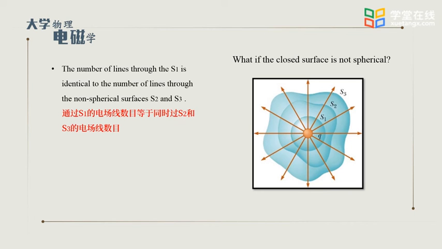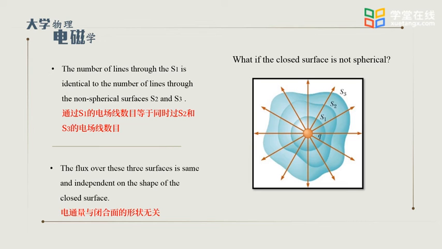From this figure, we can see that the number of lines through S1 is identical to the number of lines through the non-spherical surfaces S2 and S3. Therefore, the flux over these three surfaces is the same and independent of the shape of the closed surface.